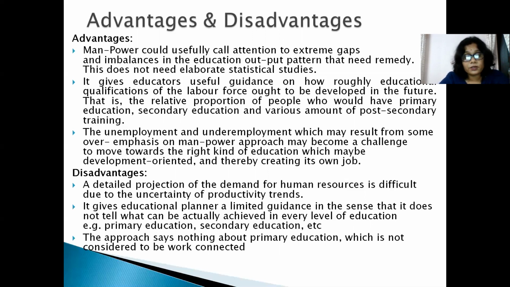Suppose in primary education, in secondary education, what to do, what to be achieved, it is not clearly said. The third one is that this approach says nothing about primary education, since primary education is not considered to be work connected. So this approach has no connection with the development of primary education.